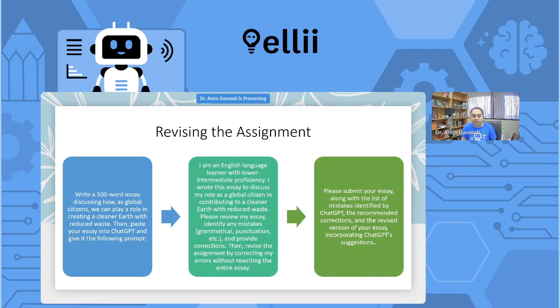So here we will be able to see the process as well, because the students will need to submit their original essay, the one written by themselves, all the mistakes identified by ChatGPT, and obviously the corrections, and finally the revised essay. So they need to provide three different things, and we will be able to see the process in that case.